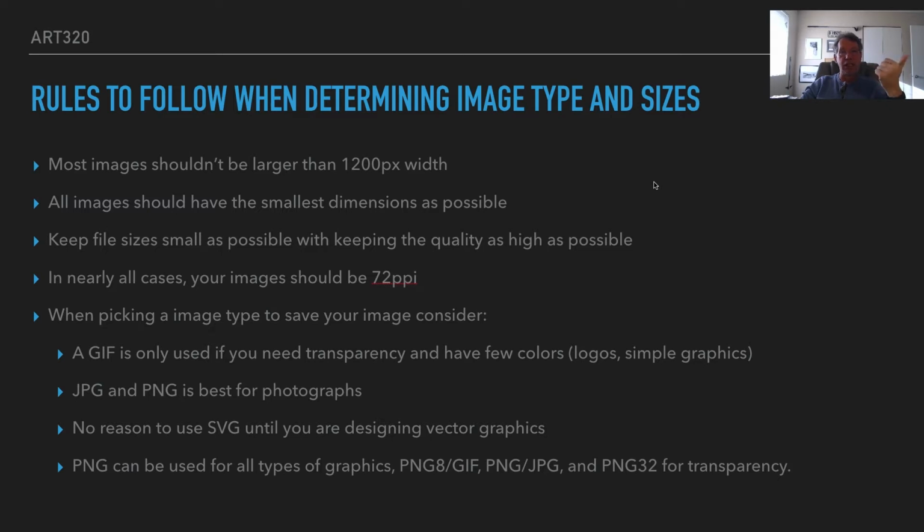There's a standard PNG, which is a 24-bit image, just like a JPEG. And then the last one, and this is where I would suggest using a PNG, is it has transparency. So you have 24-bit, which is pretty much the most amount of colors that you need for modern monitors.